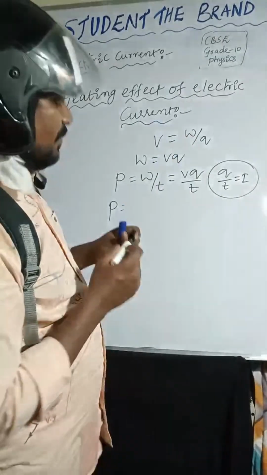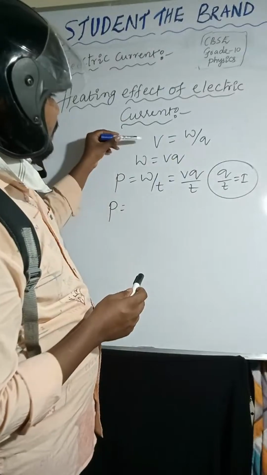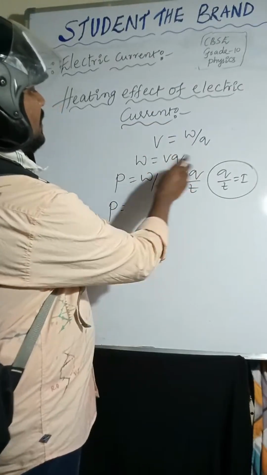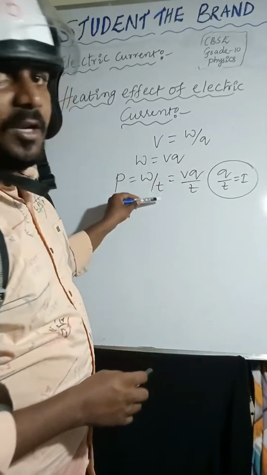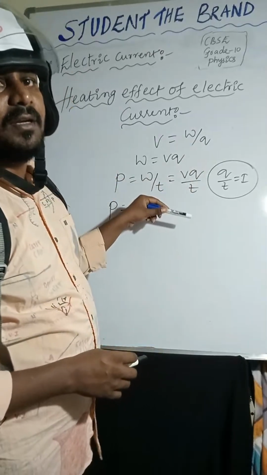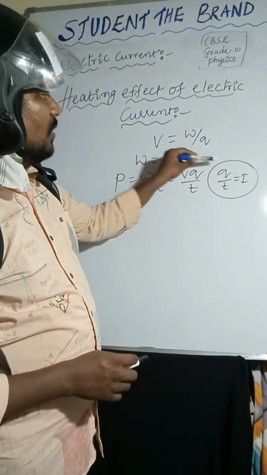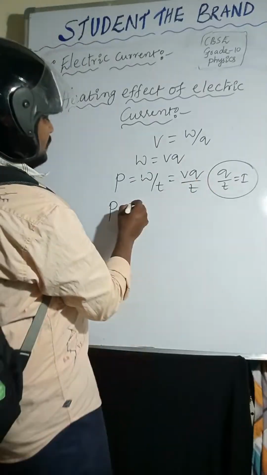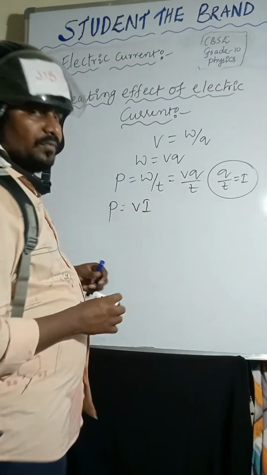V equal to W by Q, W equal to V into Q by cross multiplication. P equal to W by T, VQ by T. So Q by T is I. So P equals V into I.